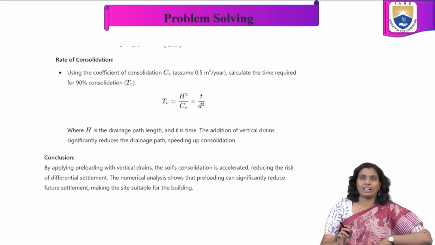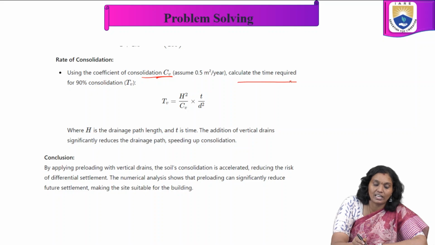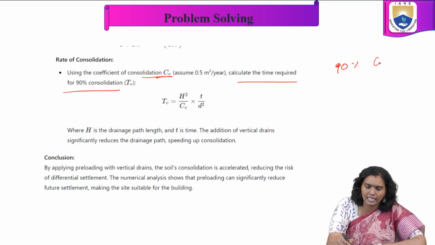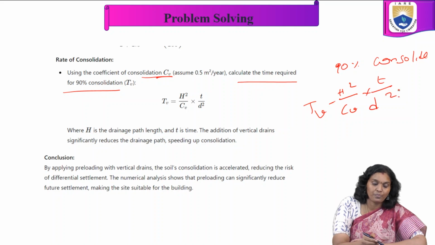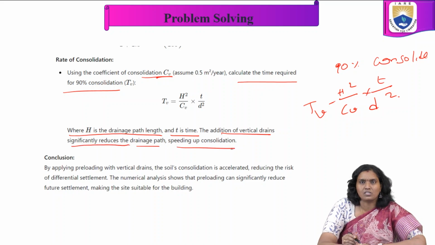Next is the rate of consolidation. Using the coefficient of consolidation, we calculate the time required for 90% consolidation. H is the drainage path length and t is the time. The additional vertical drains significantly reduce the drainage path and speed up the consolidation.